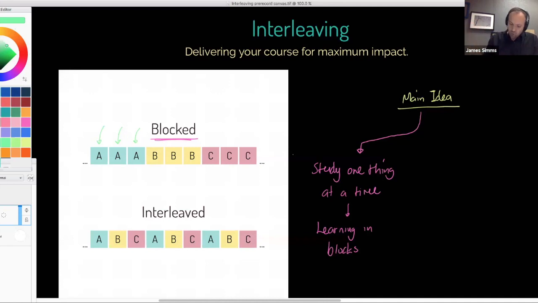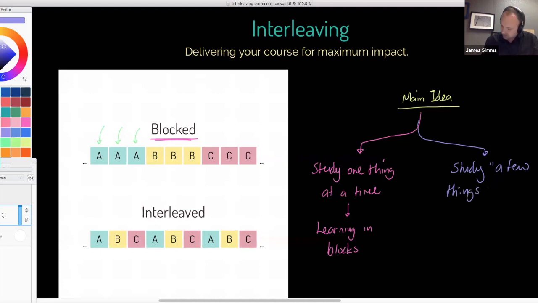Now, what interleaving suggests is that that is not necessarily the best way to do things. What interleaving suggests, and I just want to simplify here, is to study, in inverted commas, a few things at a time. Again, I don't think that's particularly groundbreaking.